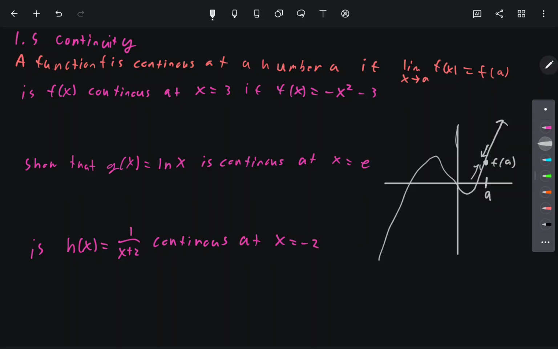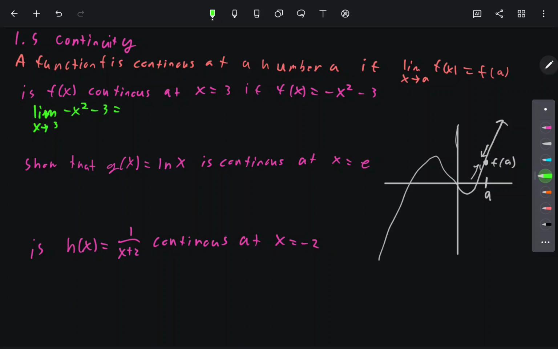The way that we're going to test if these functions are continuous or not is we're going to be taking some limits. Very fun, right? So we are going to take the limit as x approaches 3, as that's our point of interest, of f of x, which is negative x squared minus 3.